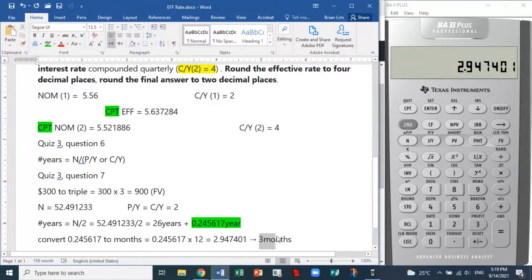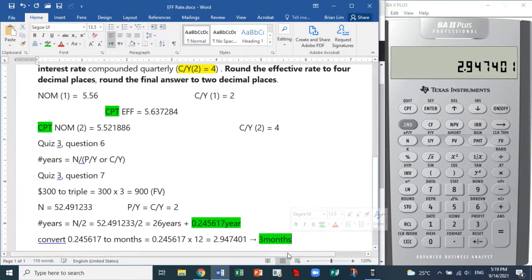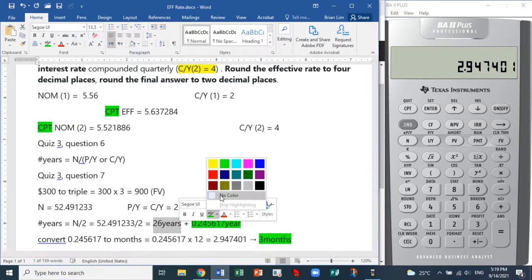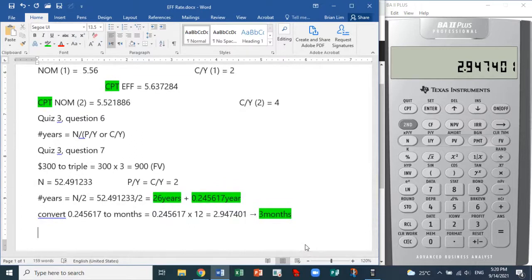Okay, so the answer will be, this is part of the answer, 26 years, and this is the other part of the answer. Okay, so if you want to put an answer, the answer is 26 years and 3 months.